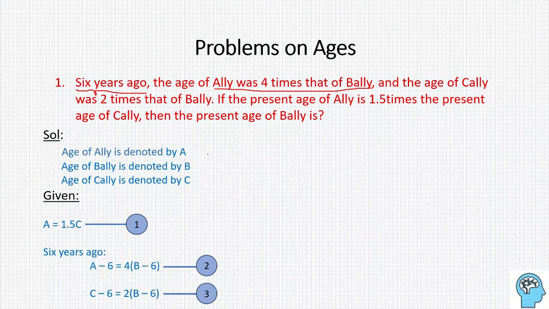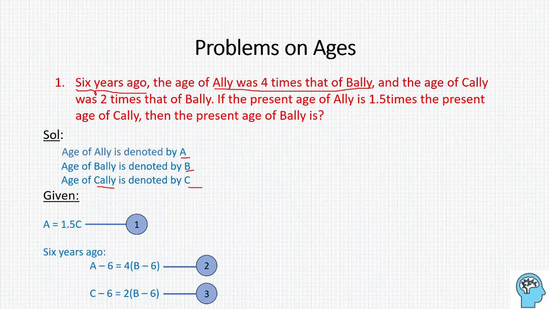So I have taken the age of Ali to be denoted as A, age of Bali to be denoted as B, and age of Cali to be denoted as C.